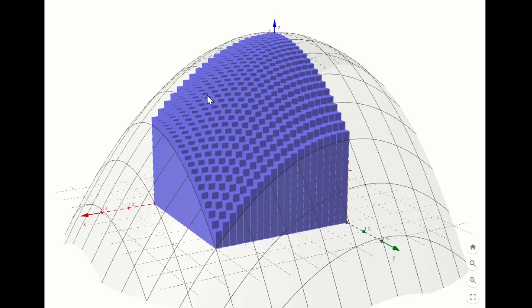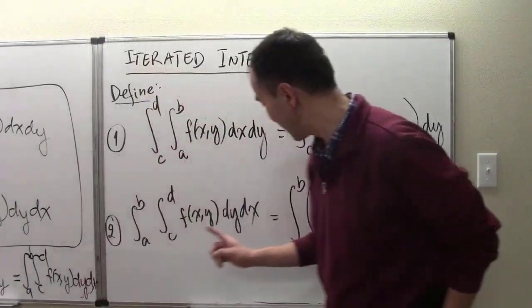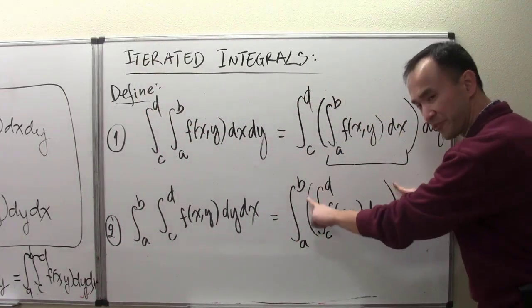And so I'm going to accumulate all of these prisms' volume all on that same x value, but for y changing from 0 to 1. So accumulating that, I'm going to get the volume of one thin slice. And that's what it means by integrating with respect to y first.